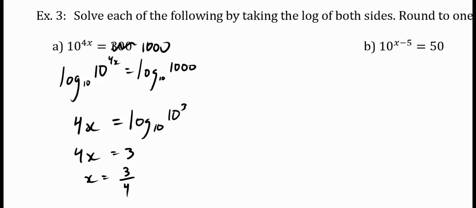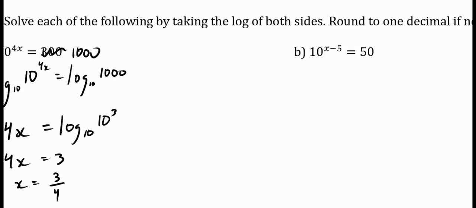Okay, I want you to, for the next one, try to write the first line or two on your own by taking the log of both sides. It looks the same.